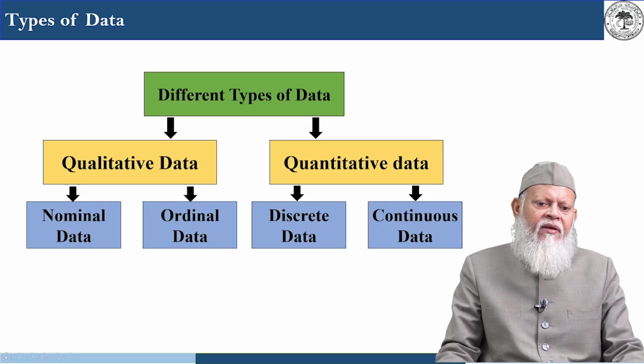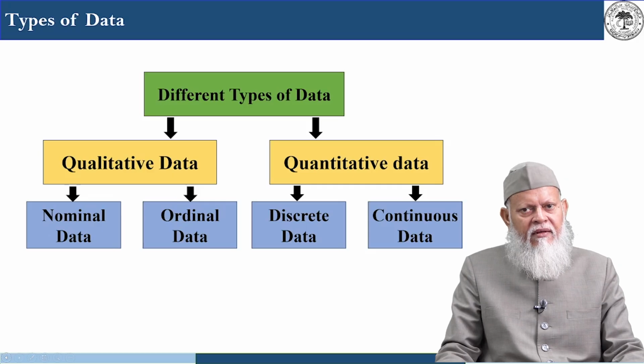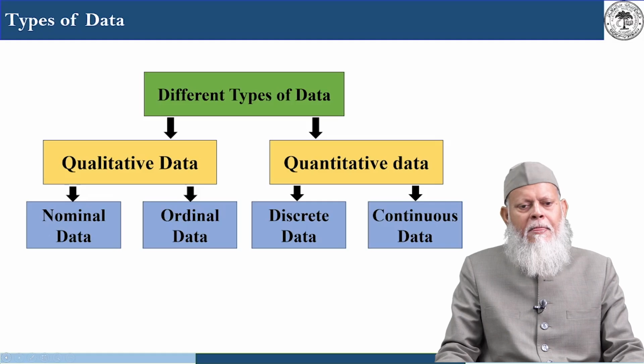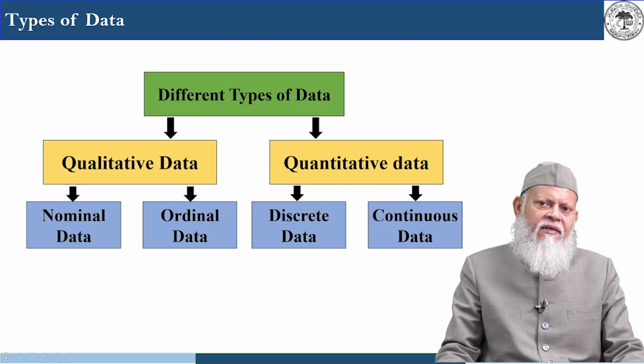Nominal data in fact gives us information in categories: male, female, graduate, non-graduate. This kind of data is called nominal data. Citizens, non-citizens. This is nominal data.